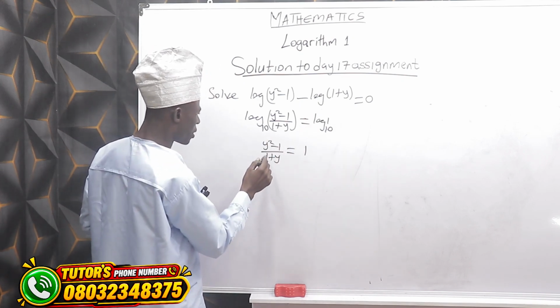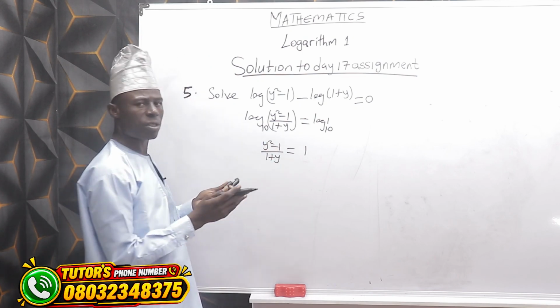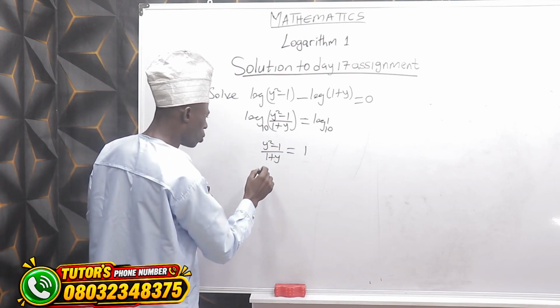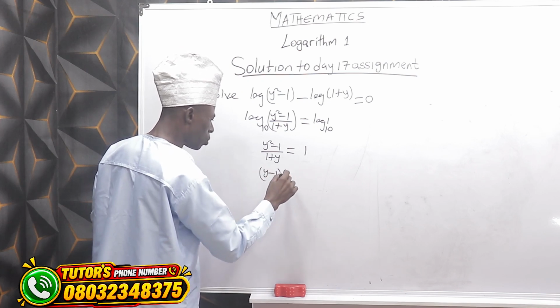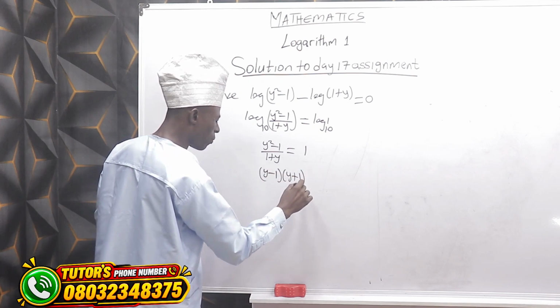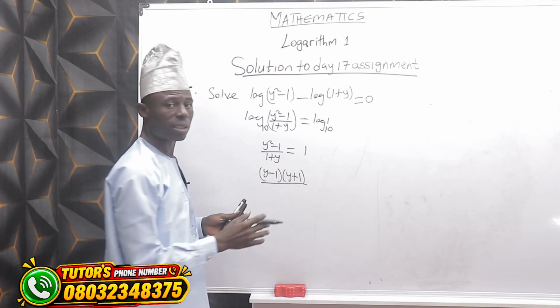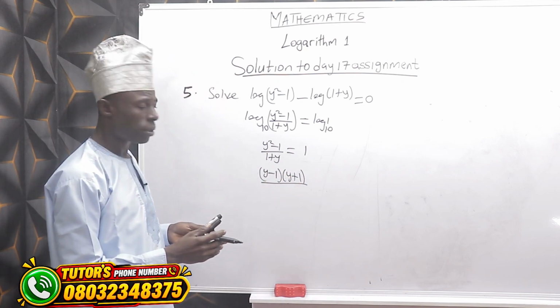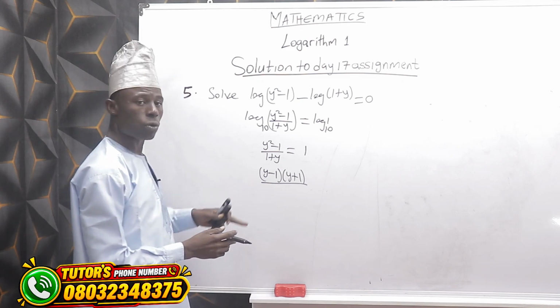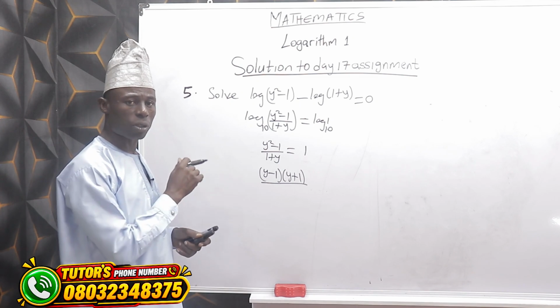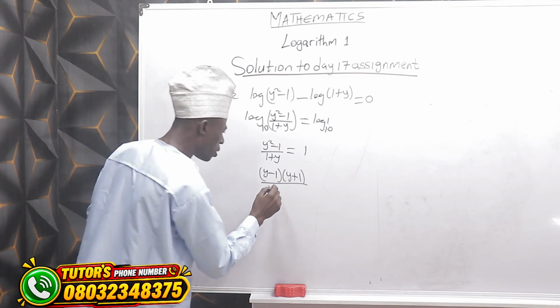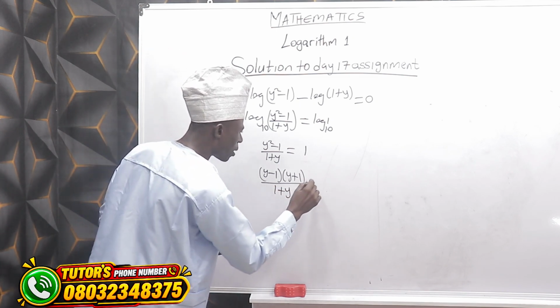So, looking at this, y squared minus 1 is difference of two squares. So, you simplify it as y minus 1 into y plus 1. We have dealt with this extensively under algebra. So, if you have forgotten something further there, refer to the clip that contains it. 1 plus y equals 1.